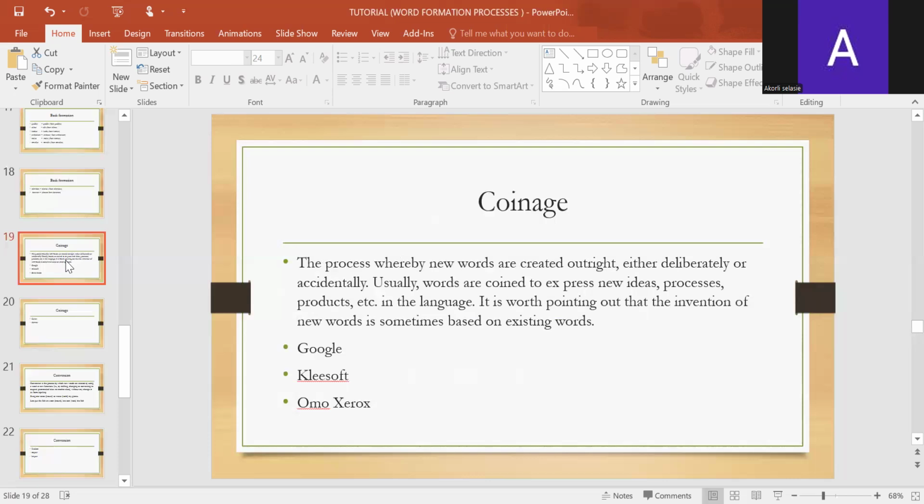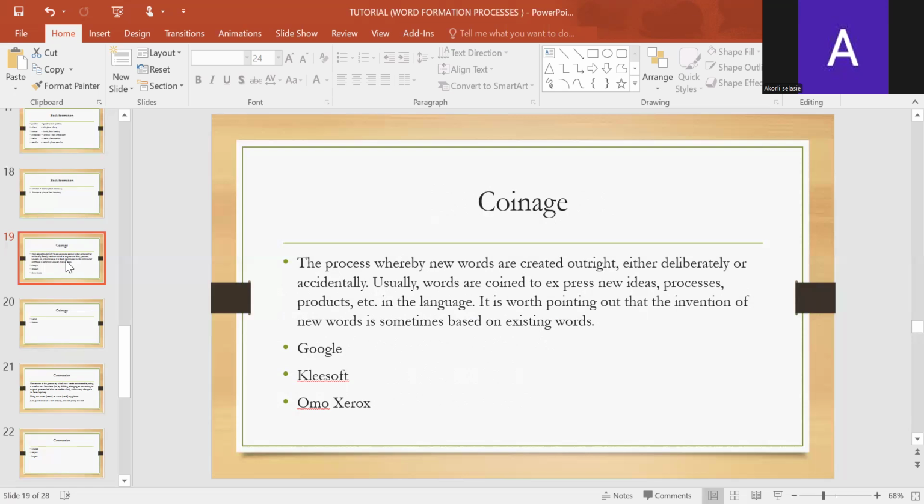Coinage, the process whereby new words are created outright, either deliberately or accidentally. Usually, words are coined to express new ideas, processes, products, etc. in the language.